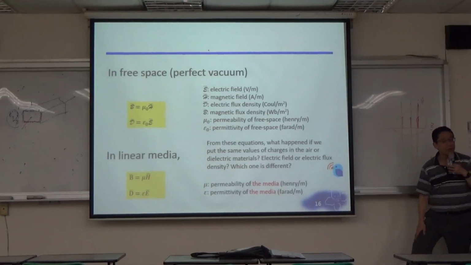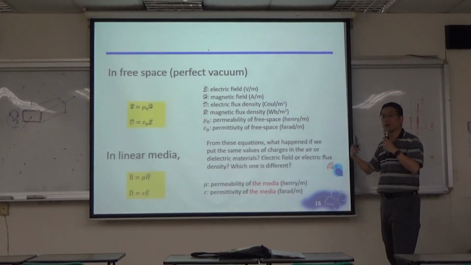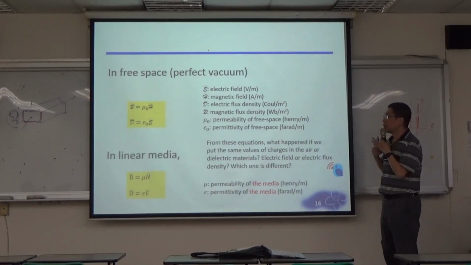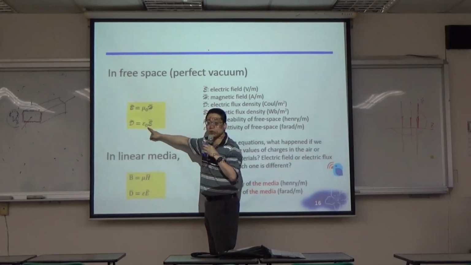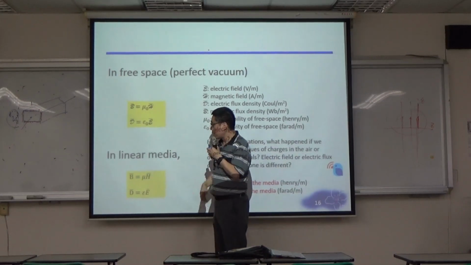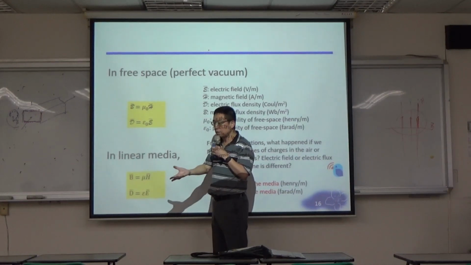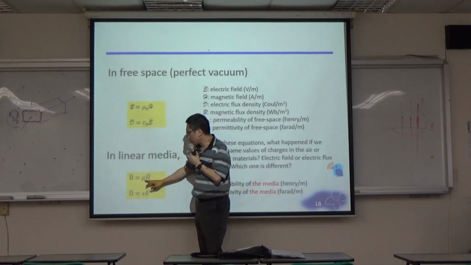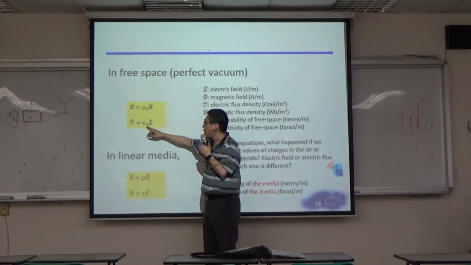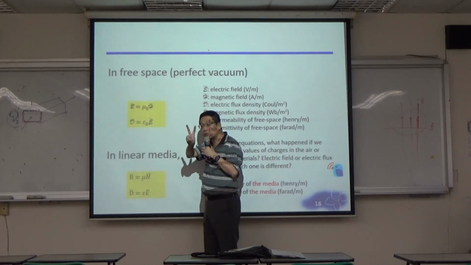Now we are going to something more important: the dielectric part, which we always try to calculate. If you calculate for air, you use mu 0 and epsilon 0. But if it is water or FR4 or some other material, you will use different mu and epsilon instead of mu 0 and epsilon 0. This is when we use boundary conditions to solve the problem, because you have two different materials.